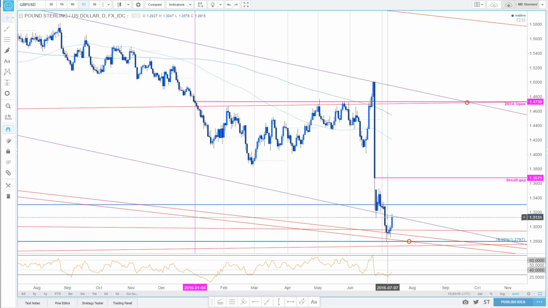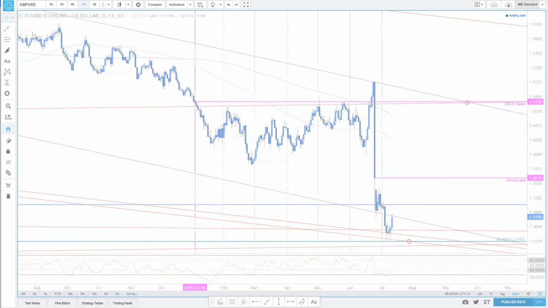The only thing, let me take a step back. The reason I would prefer playing pound yen, guys, or even euro pound, is just because I do like the short yen story as opposed to short dollar.